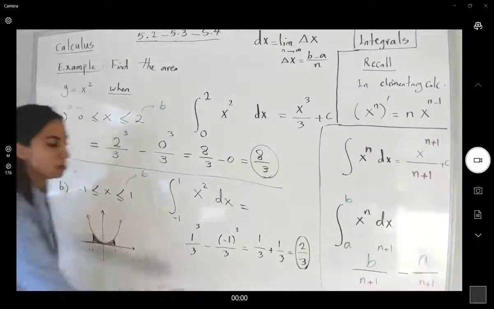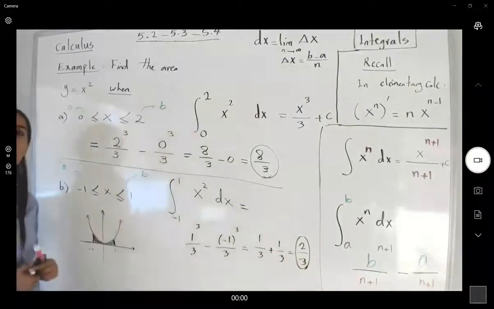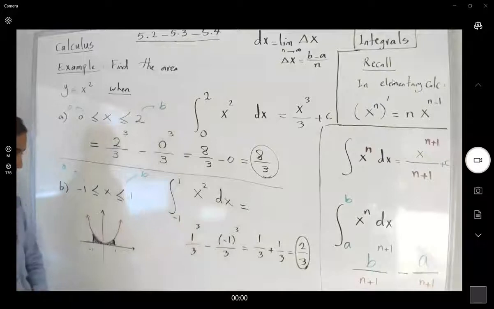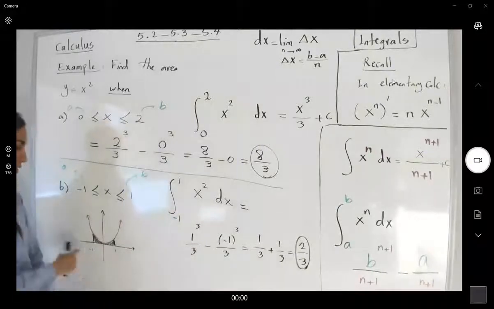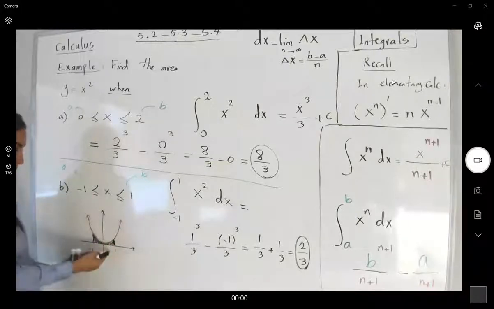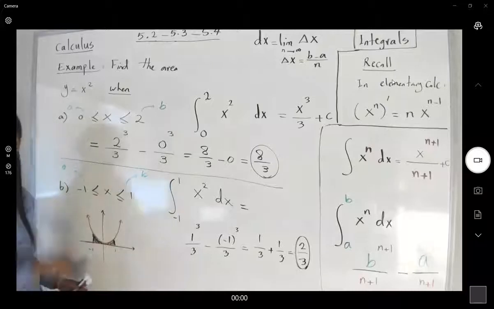So this is equal to 2 thirds. I have a question for you. What if, instead of calculating, you see these two pieces are the same, the exact same area on the left and the right. What if I just calculate the area from 0 to 1 and multiply by 2?